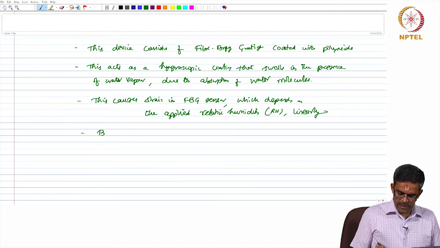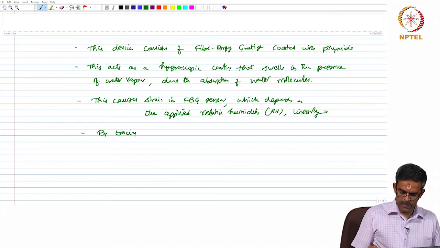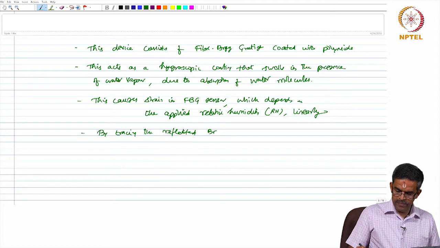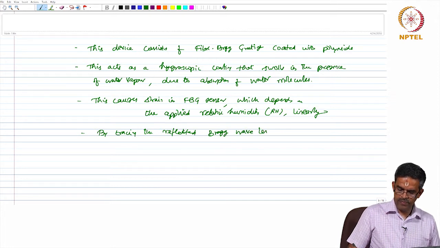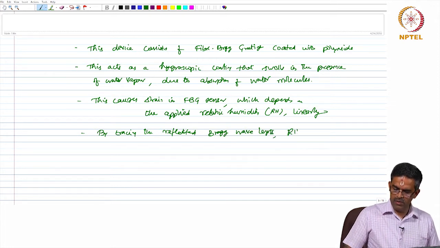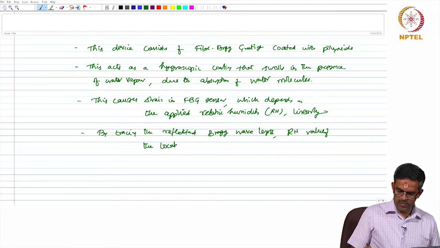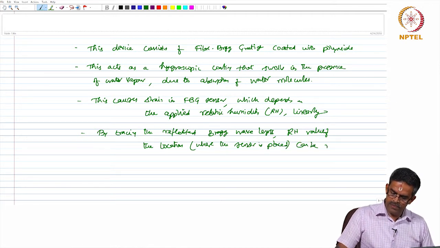Now, by tracing the reflected Bragg wavelength, the RH value of the location where the sensor is placed can be measured.